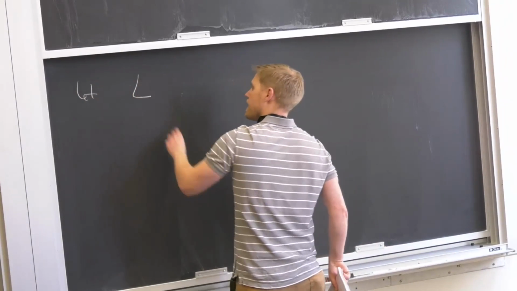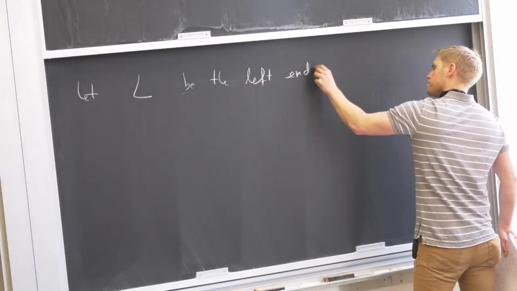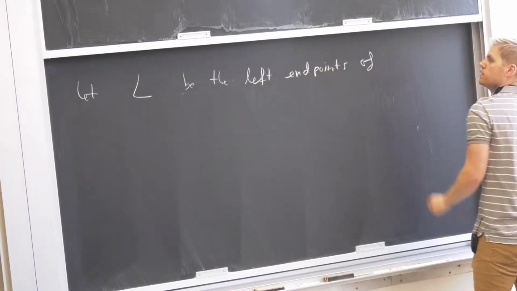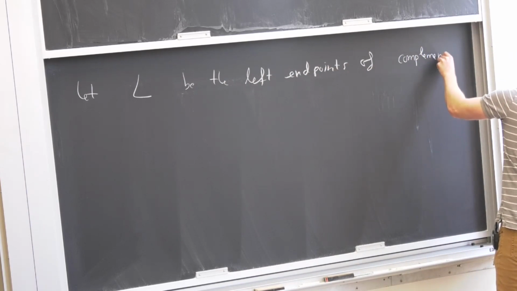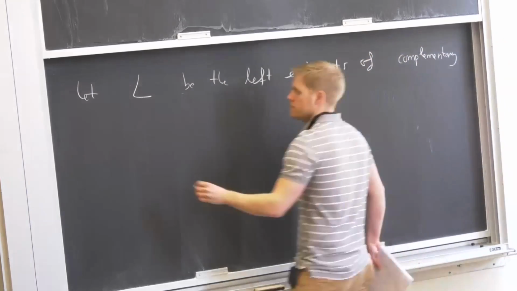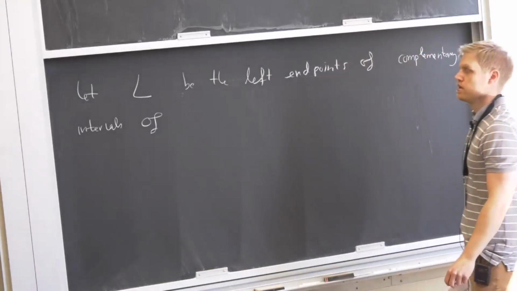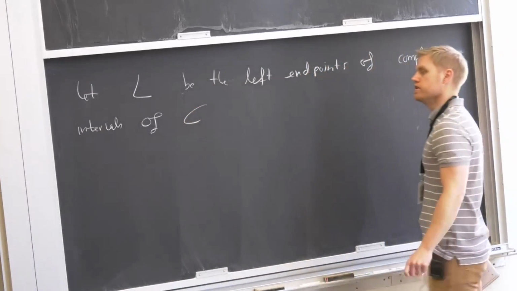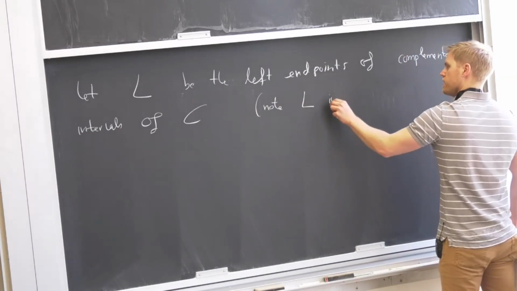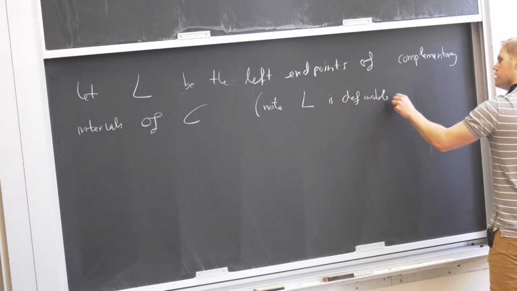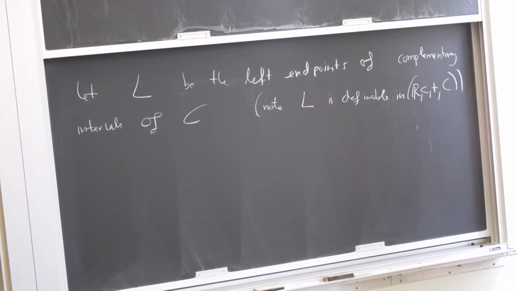So what I'm going to do is I take L to be the left endpoints of complementary intervals of C. Note, and this is a very easy exercise, note that L is definable in the real additive group if you add C to it. So that's really easy to check.